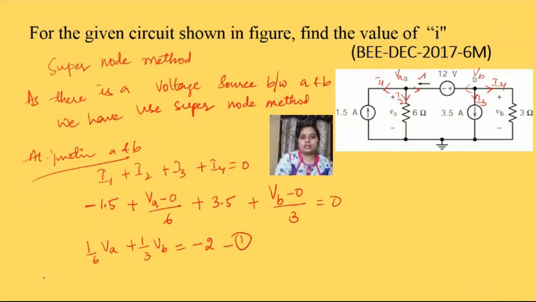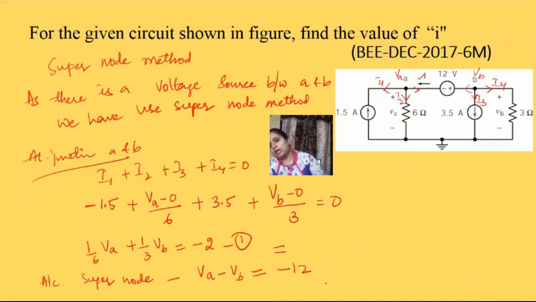Now, as there is a supernode, according to the supernode, VA minus VB is equal to minus 12, according to the value given.